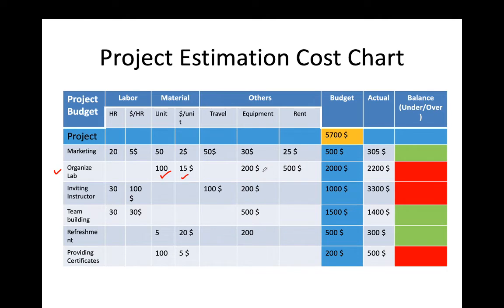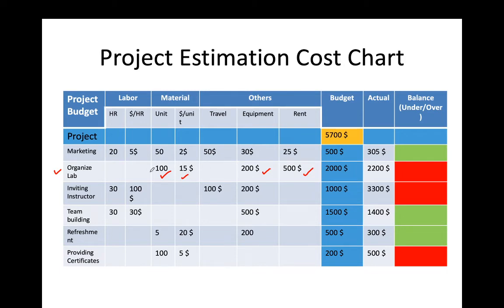Second, equipment. For organizing the lab, we need a projector, speakers, mics, this type of electronic equipment. So for that I keep 200 US dollars. For rent, because we have to rent a place for giving training to them, I put 500 US dollars.